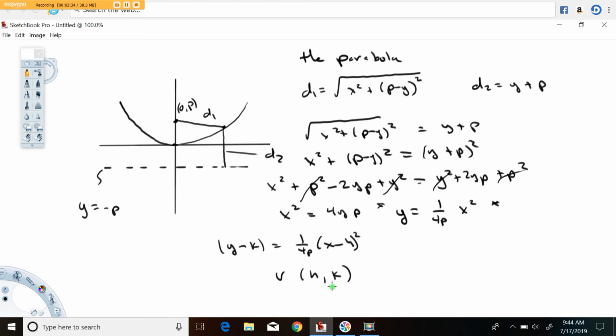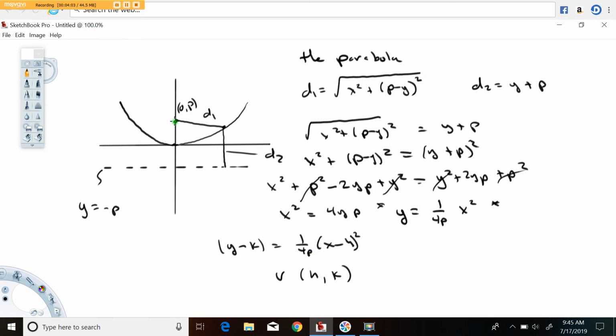So when you're plotting parabolas, the idea is to try to write it in this form. Whatever number is here will allow you to find p. The vertex is at the point (h, k), and p is the distance in this direction or the other way, depending on the sign here.